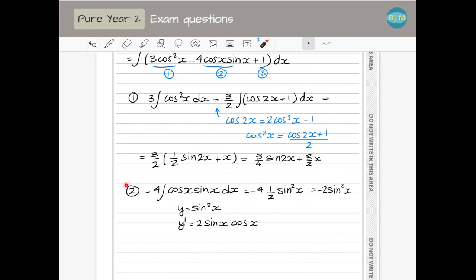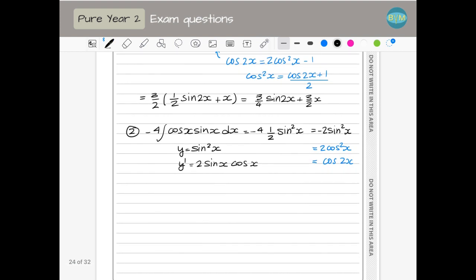So this number 2 could be minus 2 sine squared, or it could be that you get 2 cos squared, or if you use the double angle, it could be cos 2x. So it's like 3 possible solutions. All 3 of them are correct. I'm going just to keep this one, but just to make you aware that these ones would be correct as well. And then number 3 is the integral of dx, which is x.